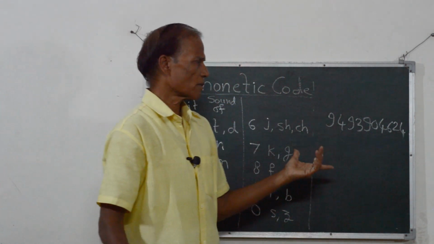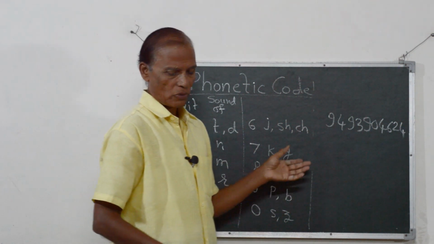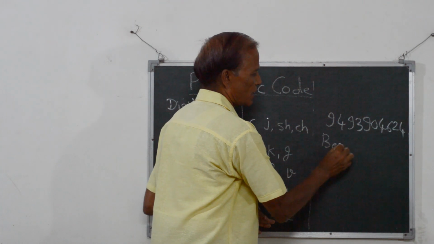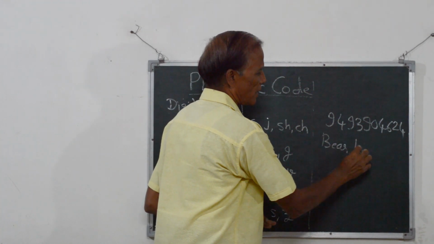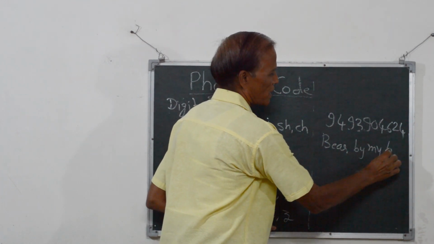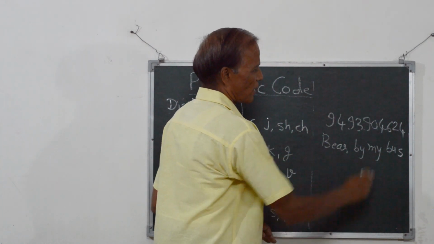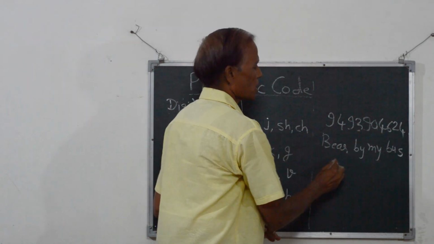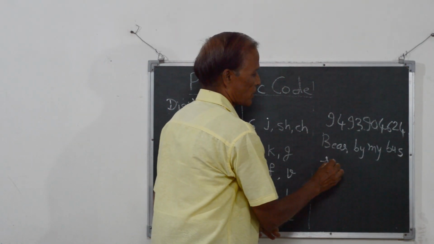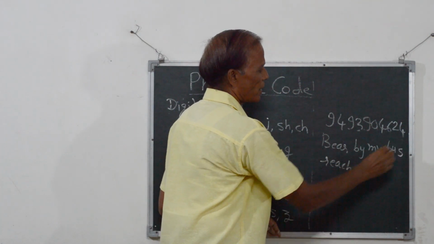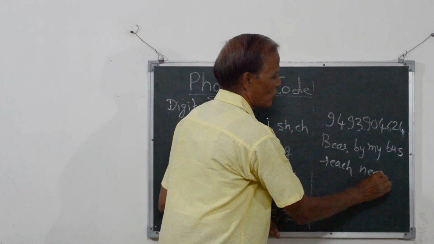So convert this number to text, and I would convert it in this way. 94, this is beer, by my, 90, bus. R and 6, you can call it reach. Then 2 and 4, N and R, near.